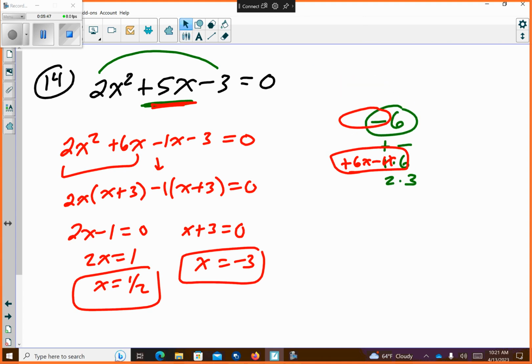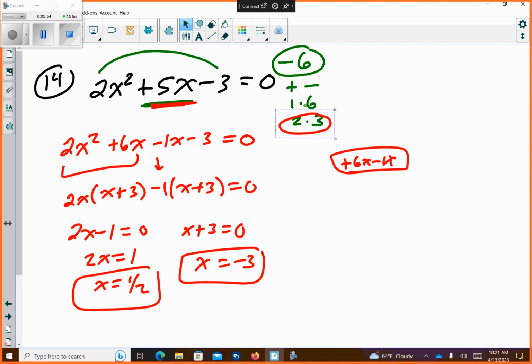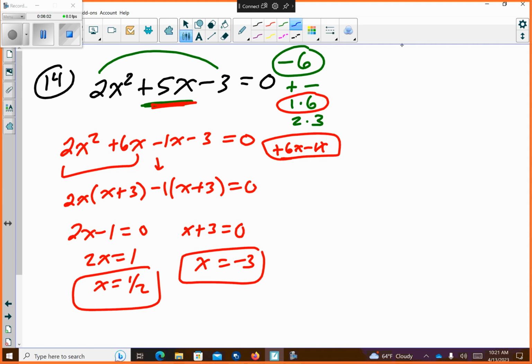Okay, now let me just get a little space over here. I'm going to move this over here a little closer. Okay, so let's do this as the quadratic formula too. A equals 2, B equals 5, C equals negative 3.